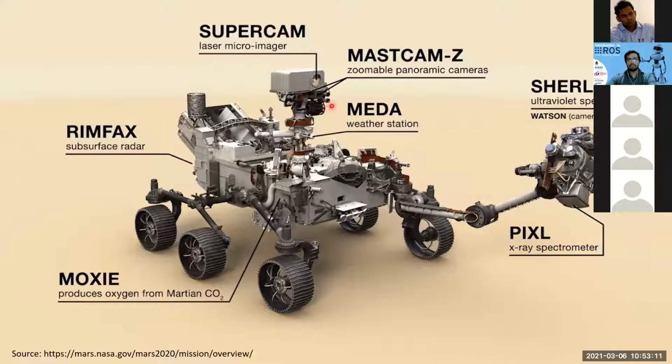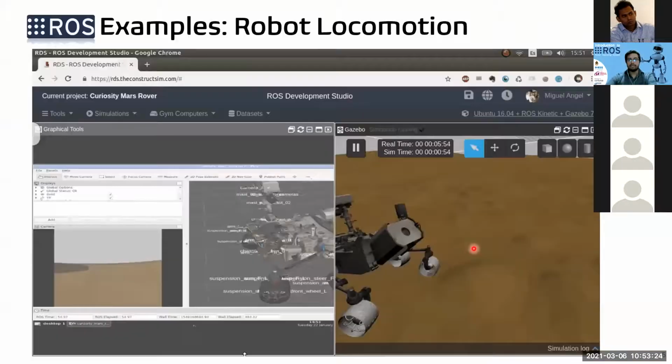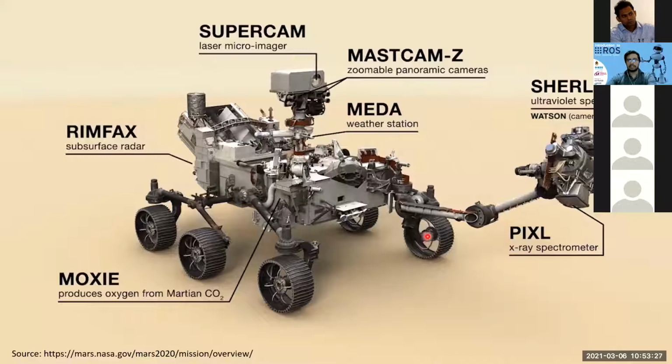And the robot uses this information to move in the terrain of Mars, collect samples, do tests, and all kinds of things. There are amazing videos about the marvels of engineering that have been put into this Perseverance robot, and you are very welcome to check them out on YouTube.